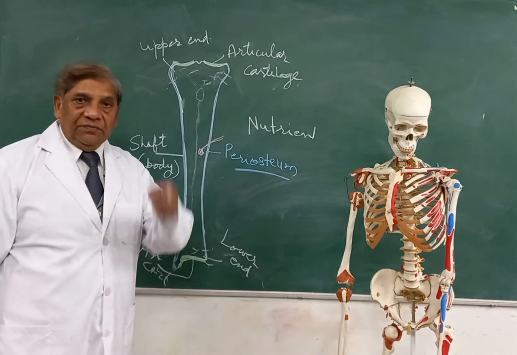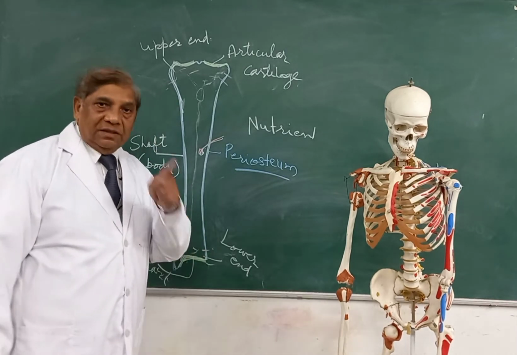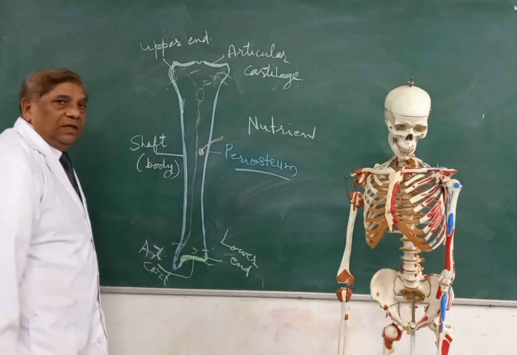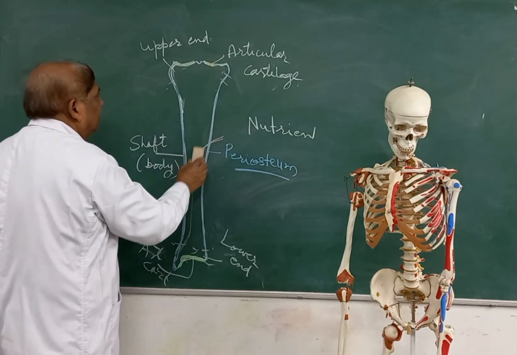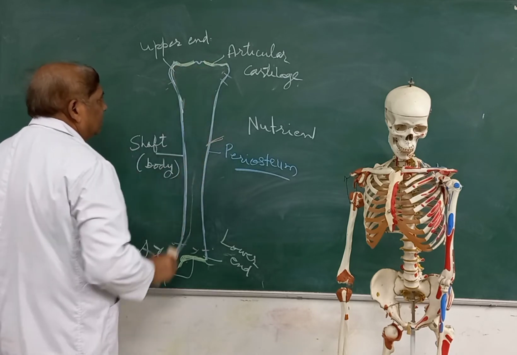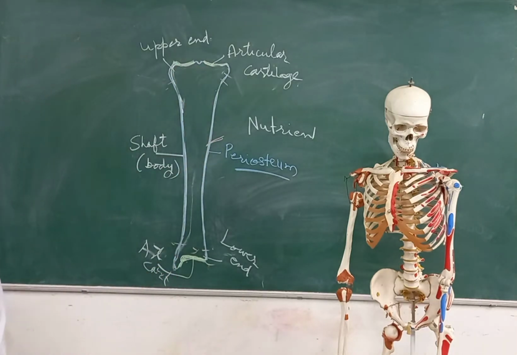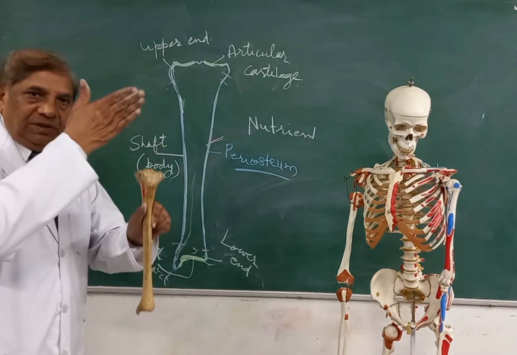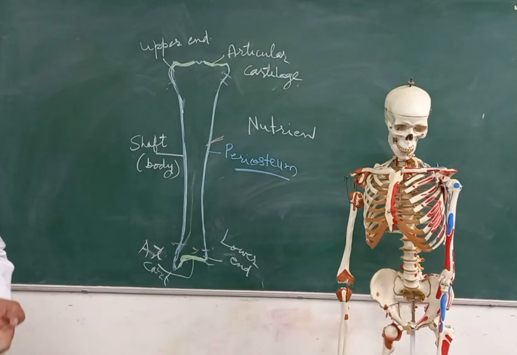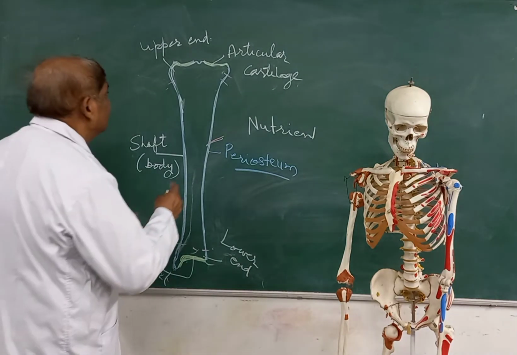Now suppose we cut a longitudinal section of a living long bone. The internal structure is not the same as what we see from the outside. Suppose it is the tibia, and I am cutting a longitudinal section.